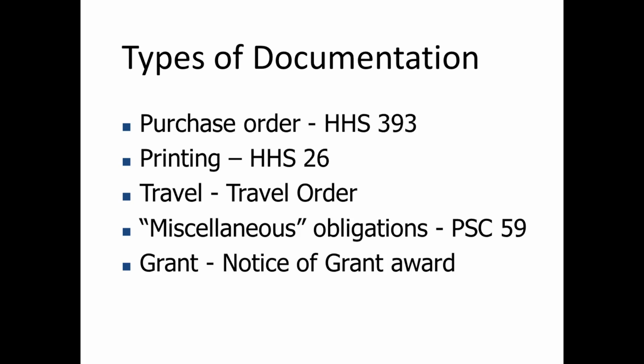Each of these forms of documentation has a reference number for identification and includes accounting information. This identification is necessary for audit purposes to be able to properly track an obligation of funds. Let's review the type of accounting information that's needed.